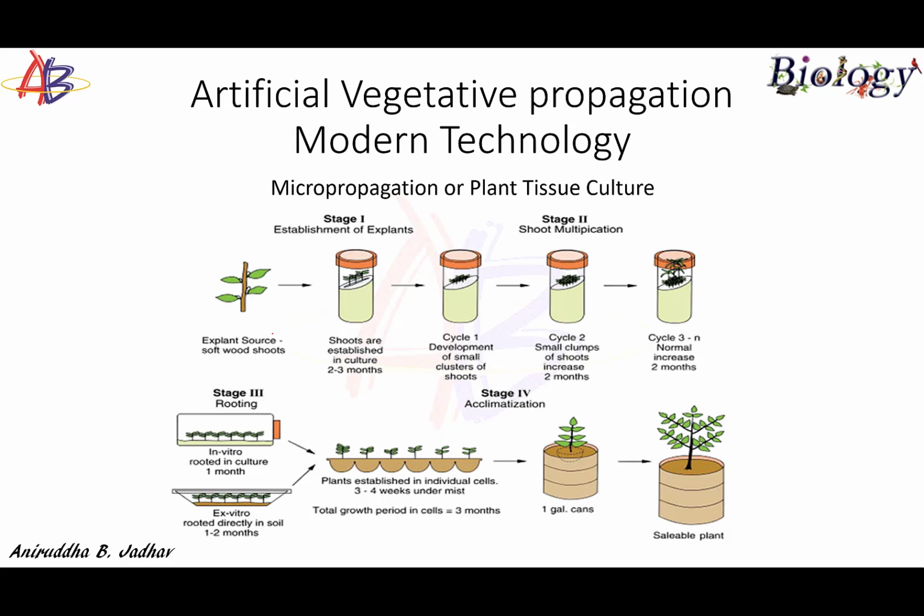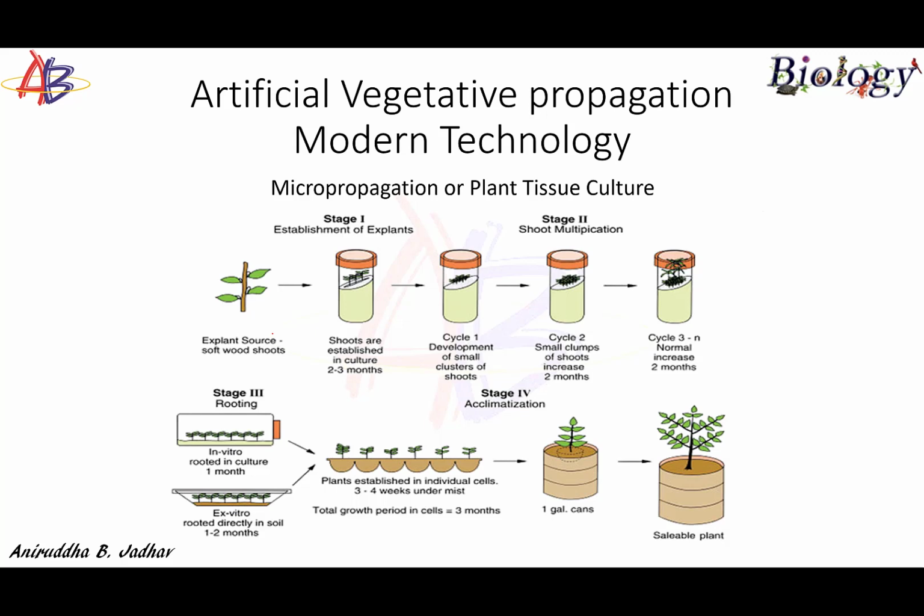After selection of this explant, it is excised from the mother plant body and then shifted into the laboratory. In the laboratory, the explant is surface sterilized. Surface sterilization is mainly done in order to remove any possible pathogens present on the surface of that explant.